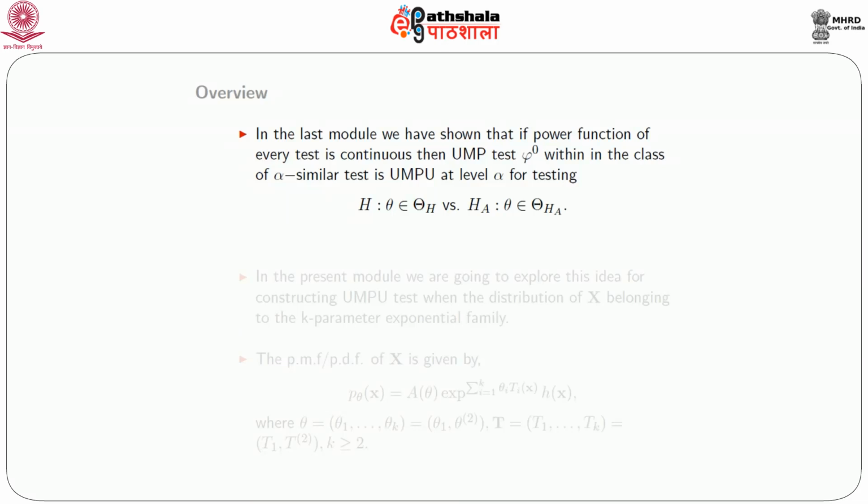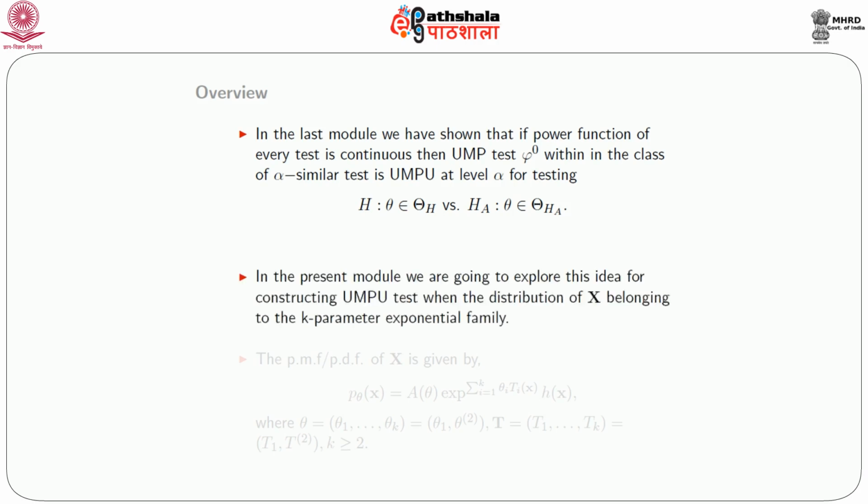In the last module, we have shown that if the power function of every test is continuous, then the UMP test phi naught within the class of all alpha similar tests is UMPU at level alpha, for testing H: theta belongs to script theta H versus HA: theta belongs to script theta HA.